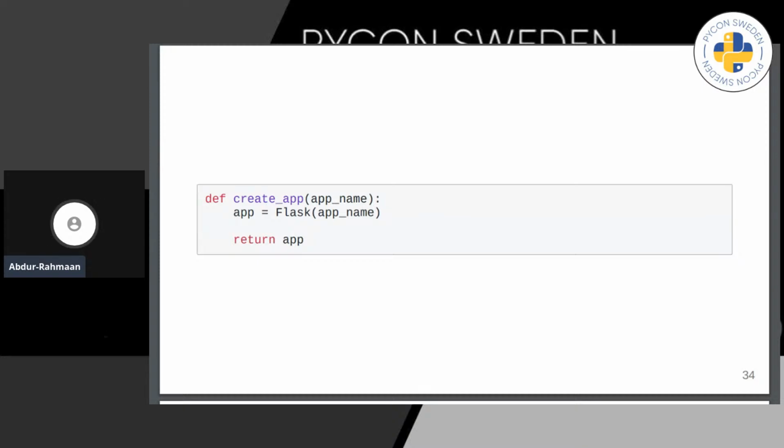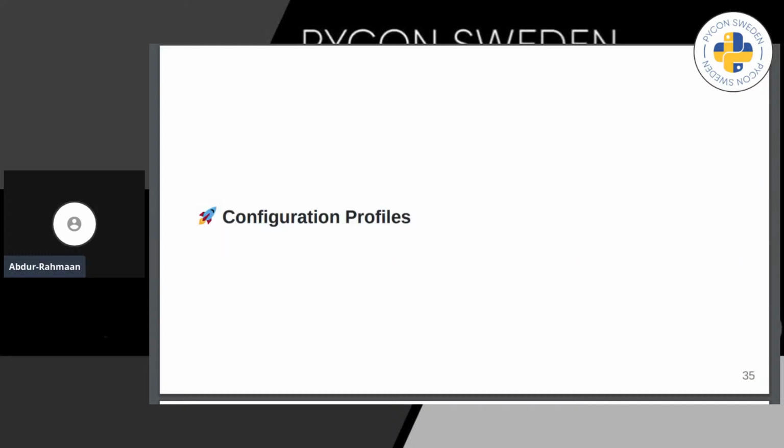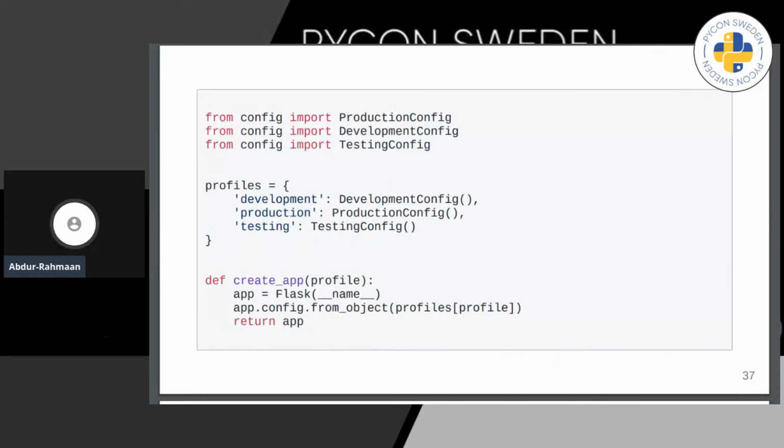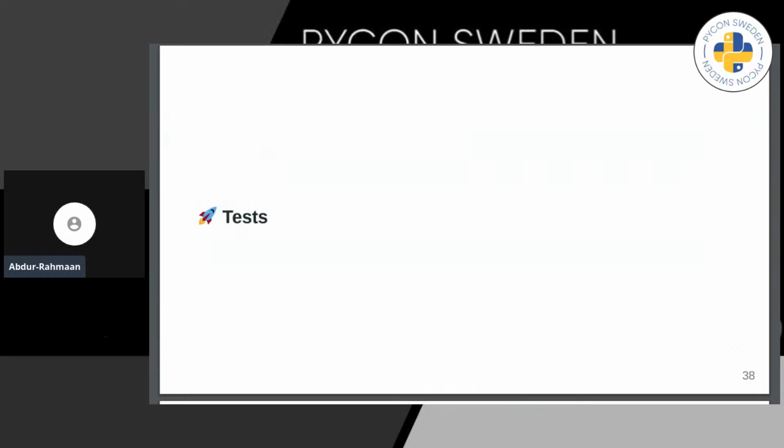Basically, this is what we mean by the application factory. And of course, having different configurations. There are many ways, but something I like is to inherit the different profiles from a basic configuration object. Okay, so it's something like that, adding it with the application factory, so you get something like that.